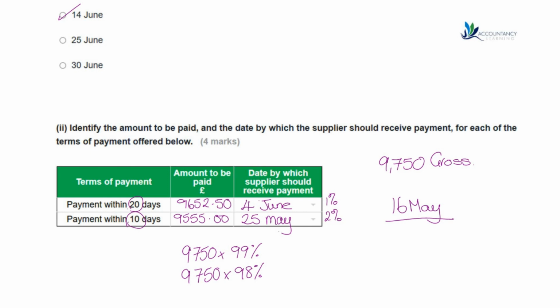So with these, you need to focus on how much of the invoice you're going to pay after the discount has been taken. And because it's a settlement discount, we can work that out on the gross amount. And then we need to count from the day after, count up the number of days to find the due date.